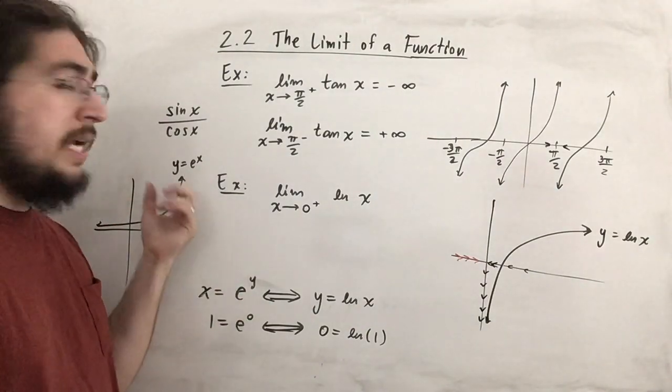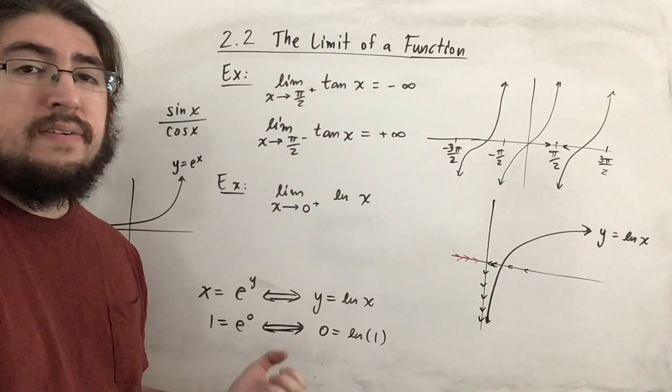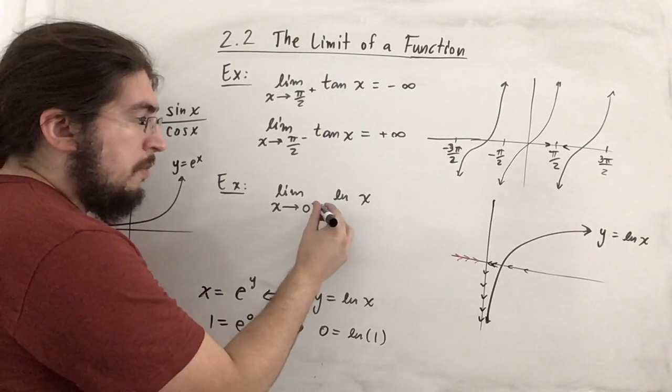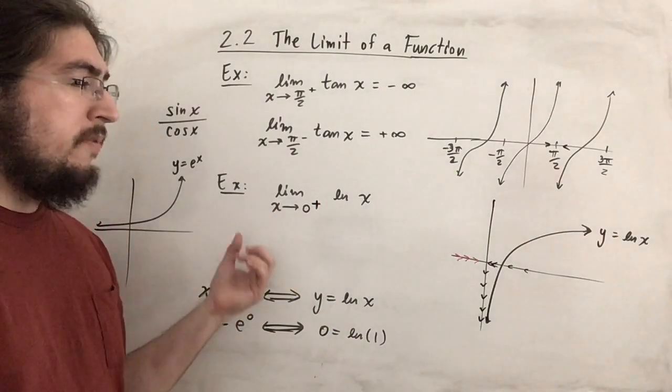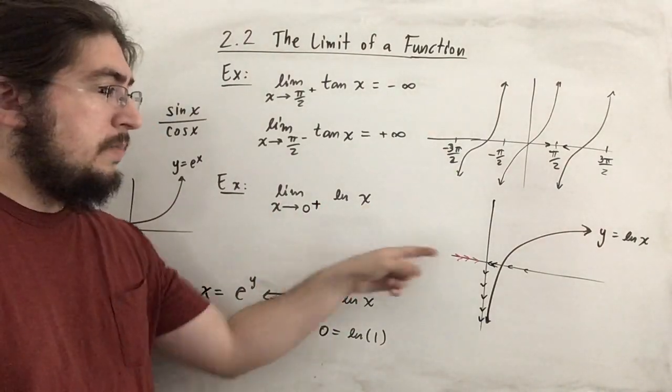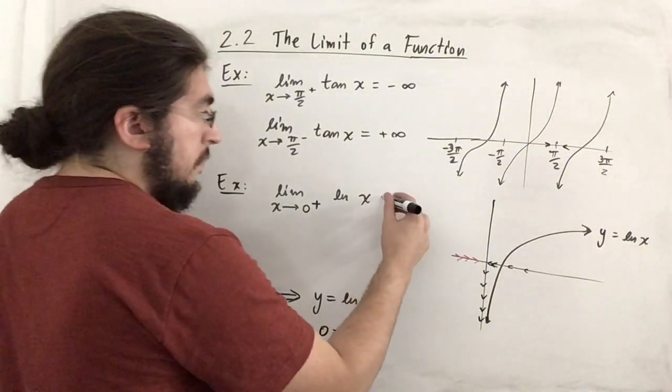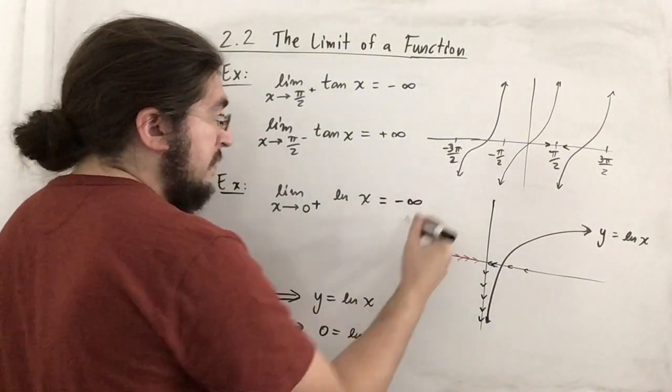Taking a positive number to any power will only result in positive numbers, never negative numbers. So for that reason, we have to approach it from the right, because approaching it from the left, the limit clearly won't exist because you can't even plug in numbers less than 0. So for that reason, it's equal to negative infinity.